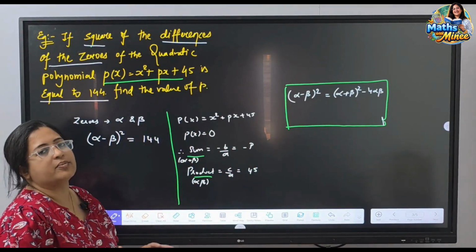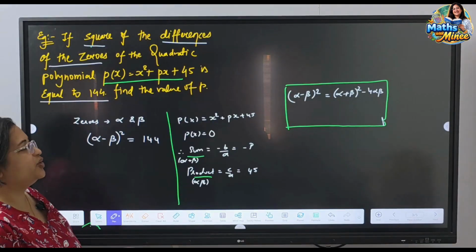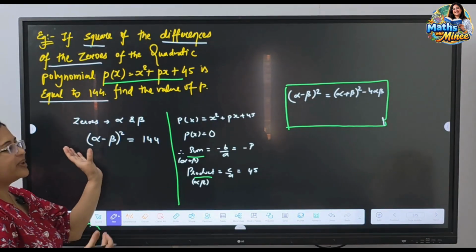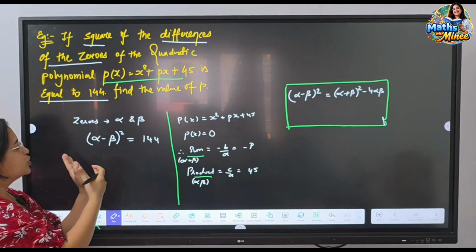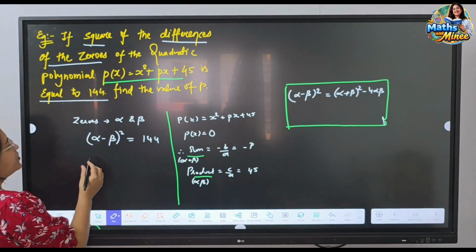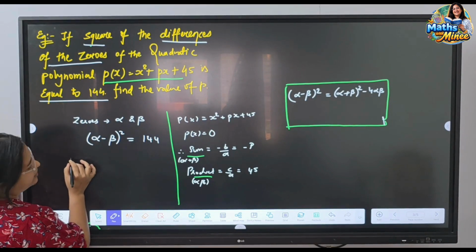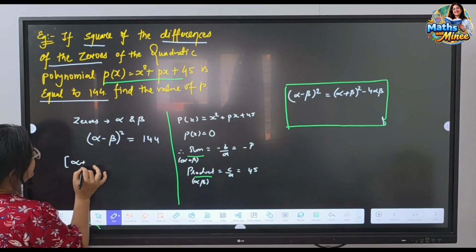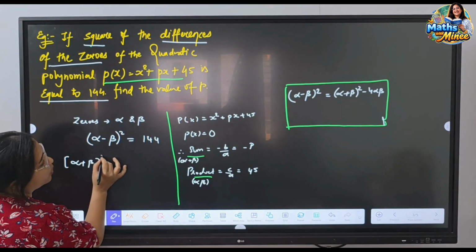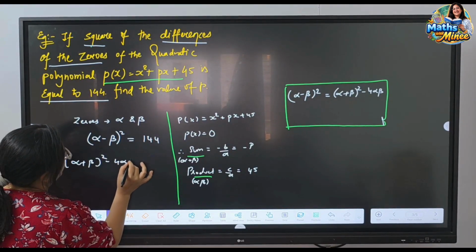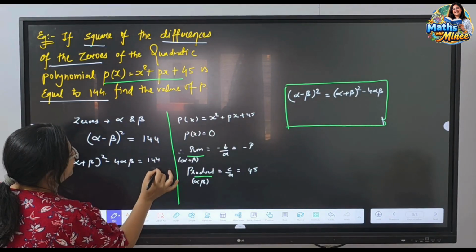So all these formulas you should remember while calculating. Otherwise it will become a bit more tedious to calculate, right? So here I can write directly alpha plus beta whole square minus 4 alpha beta is equal to 144.